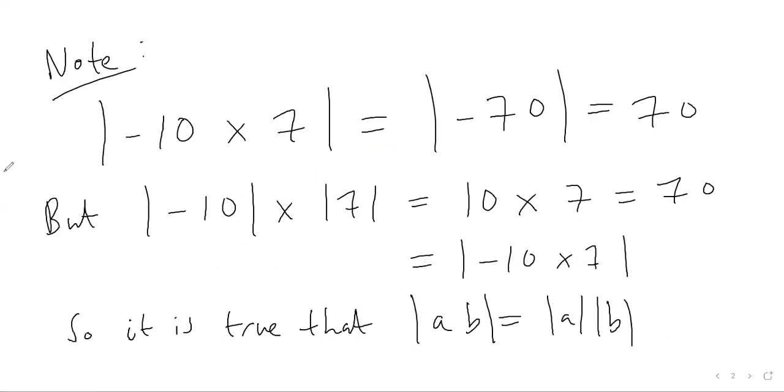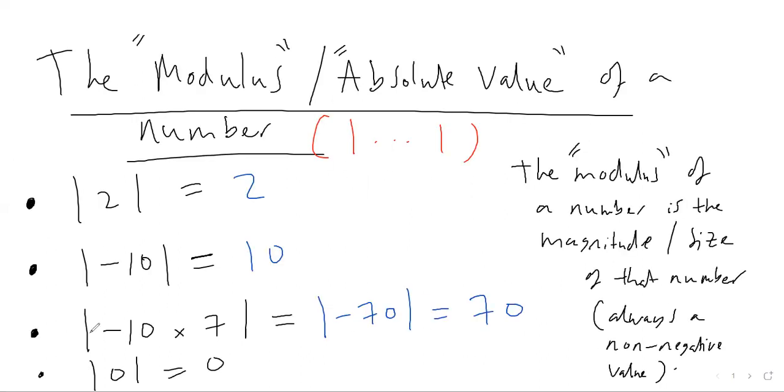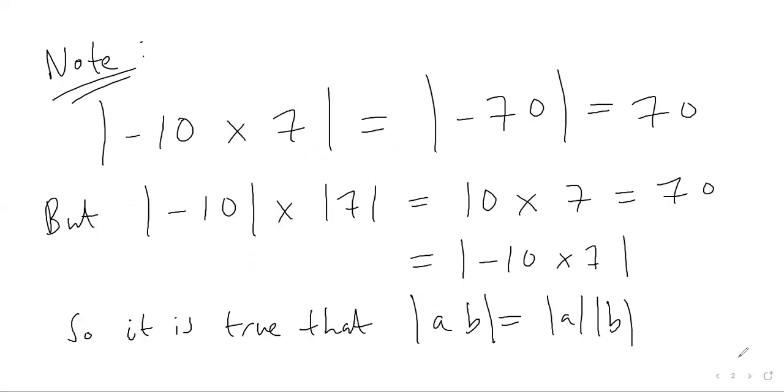If we go to the next page, one thing I've noted, especially with this third example, is that the modulus of minus 10 times 7 is the same as the modulus of 70, which we know is 70. But if we notice, the modulus of minus 10 times the modulus of 7 is just 10 times 7, which is also 70.